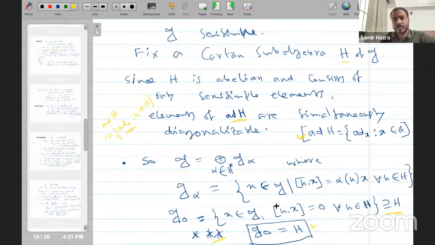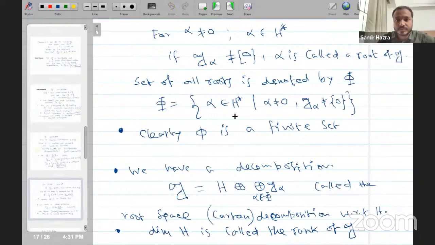And therefore, we want to rewrite this decomposition. So G0 is H, and for alpha not equal to 0, if G alpha is not equal to 0, alpha is called a root of G. If we collect the set of all roots, we name the set phi.